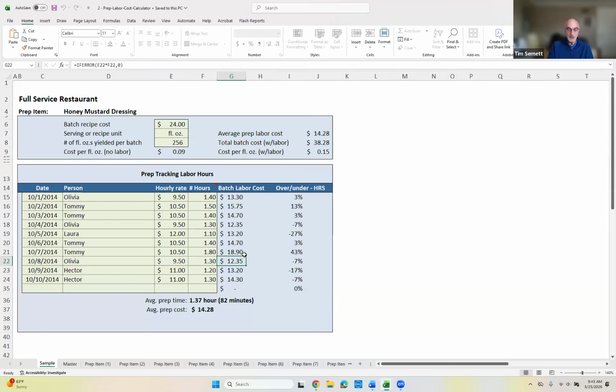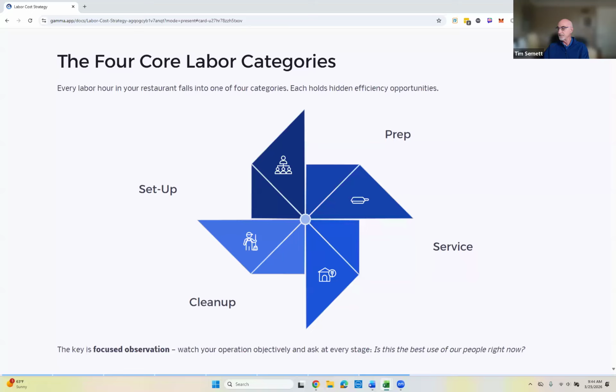So it's not just who can do it the fastest, it's analyzing that maybe somebody at a lower labor rate, lower skill level, can actually prepare it at a lower batch cost. So the key is analyzing what is the lowest cost for the batch, not just who can do it the fastest. It's not based on seniority or habit, but based on the best use of your labor hours.